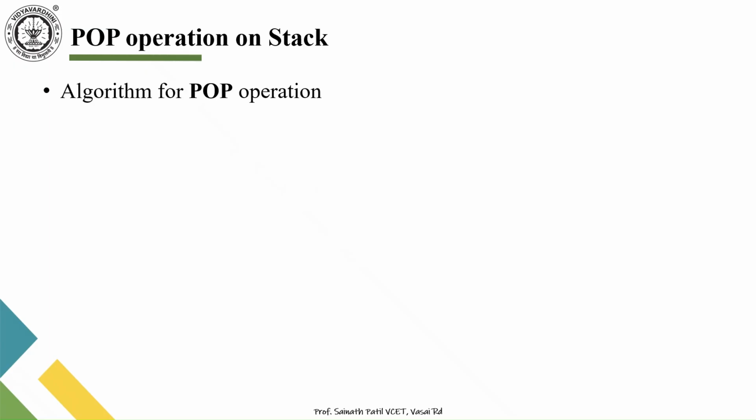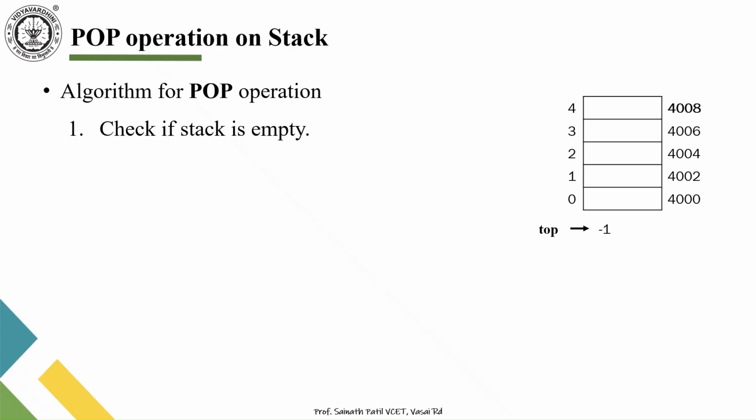So let's see the algorithm for pop operation. We know that we cannot read from an empty stack. So the very first step is to check whether the stack is empty or not. If the situation is like this, that means top is minus 1, using the is empty function we know that it is empty.